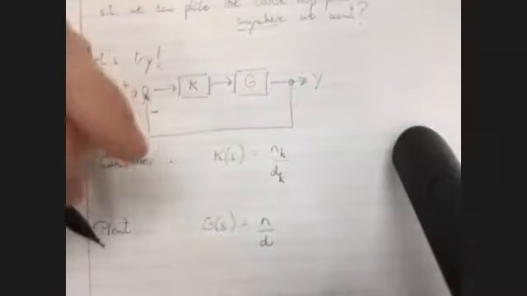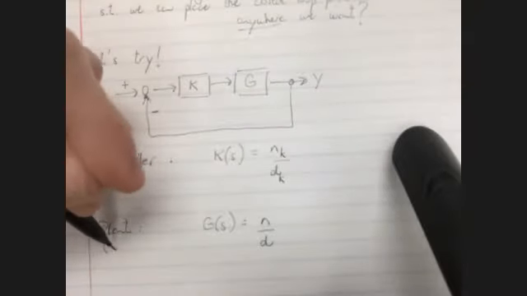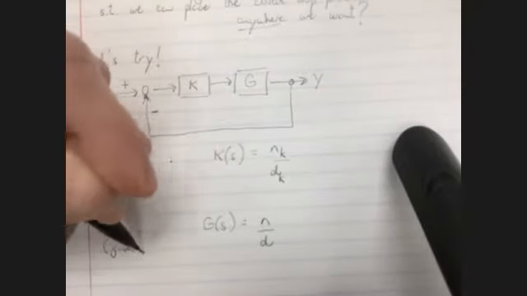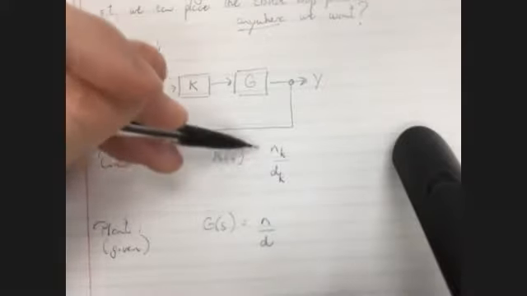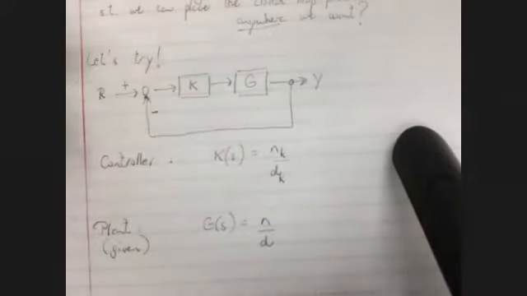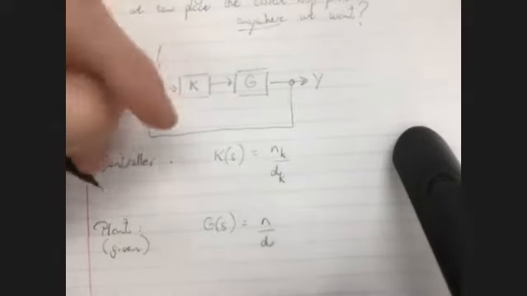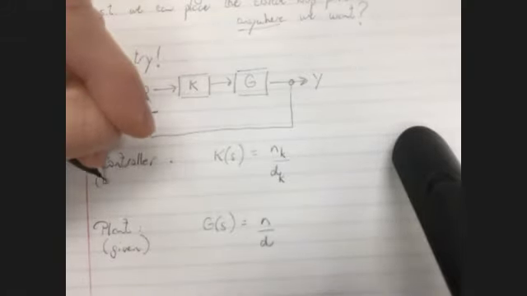Now the plant right here is given. So usually you have no control over what the plant looks like in most situations. This controller is what I'm going to try to select, try to design for a particular set of closed loop poles. So this is to be designed right here.